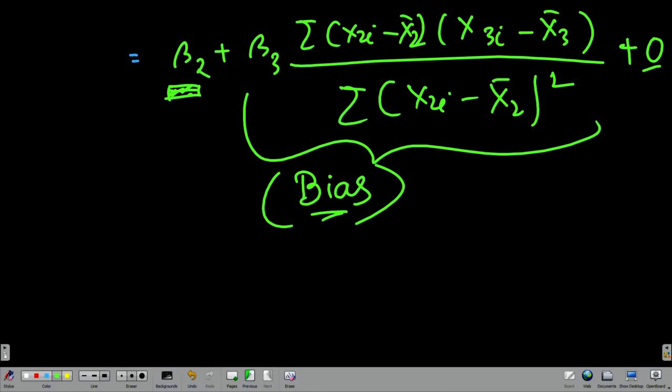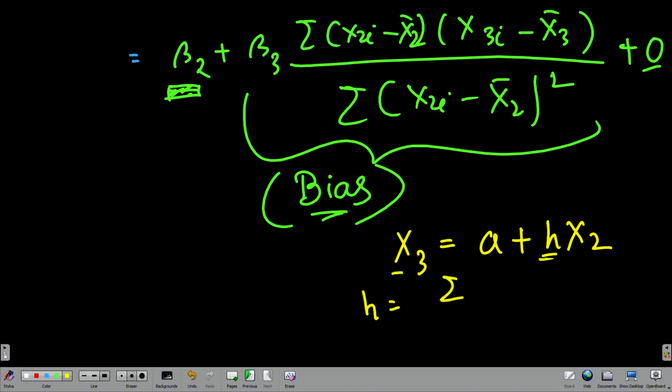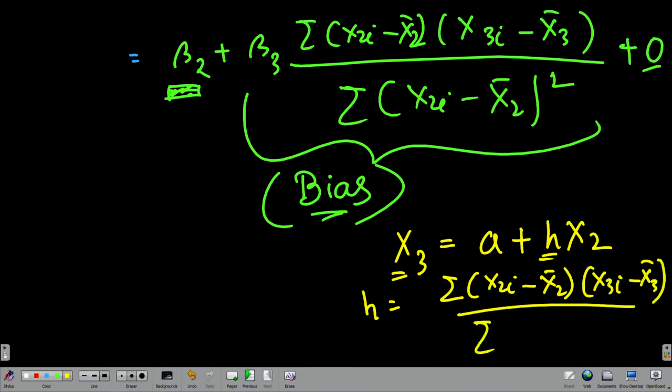Let us say I have x3 equal to a plus h x2. Then the value of h is going to be this, because this is the coefficient between x3 and x2, and it is going to be summation x2i minus x2 bar into x3i minus x3 bar by summation of x2i minus x2 bar whole squared.